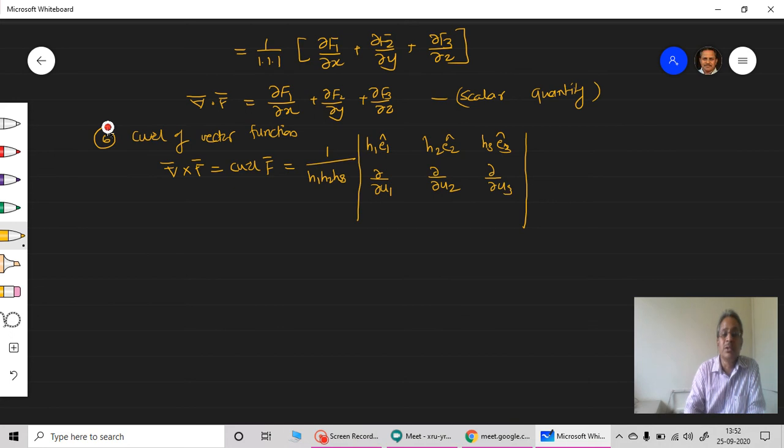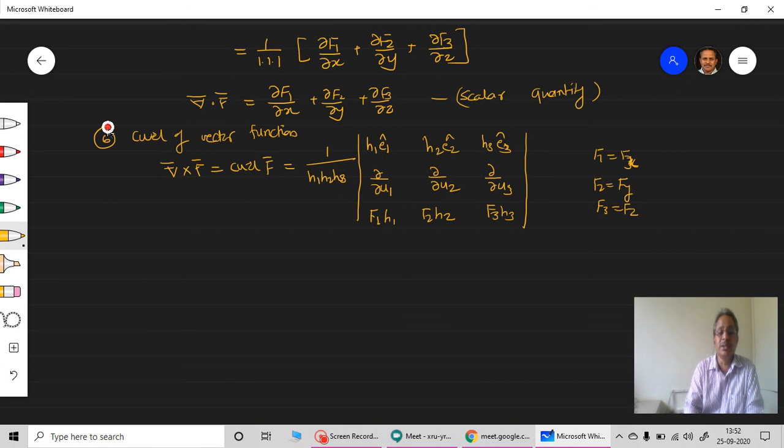And the last row was the first component of the vector with which we are supposed to get this curl, f1 into h1, then second component f2 into h2, f3 into h3. Okay, now look at this. Here f1 is nothing but fx, f2 is nothing but fy, and f3 is nothing but fz, the x component, y component, z component of f along x, y and z direction.